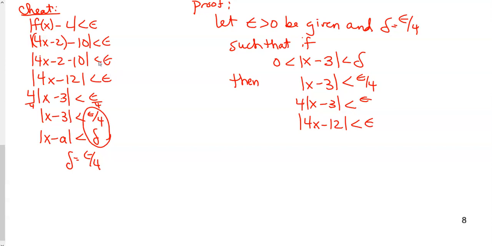Then I need to bring it back to where I can recognize that function. And if you want to, you can bring it back up into here and say, okay, well, that's equal to 4x minus 2. And then I could also then do minus 10, which is less than epsilon. And right there, I have my function value, my limit value. Therefore, the absolute value of f of x minus L is less than epsilon.